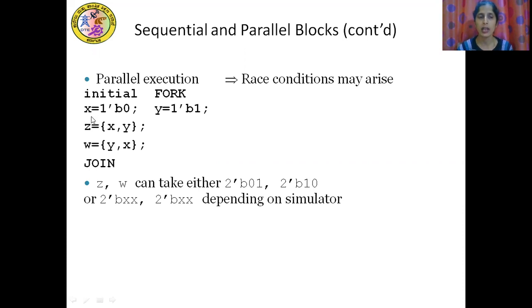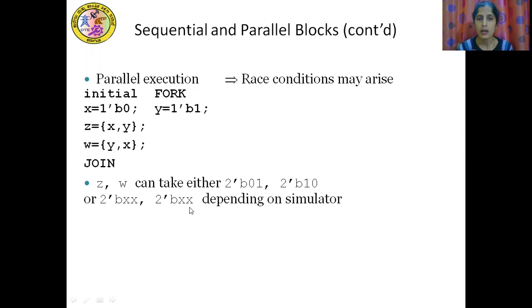If x and y are executed first, then z and w will get updated with the values 0, 1 and 1, 0. If these two statements get executed last, then z and w will get the value 2-bit binary xx and 2-bit binary xx.